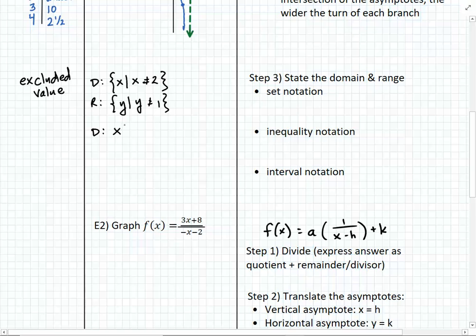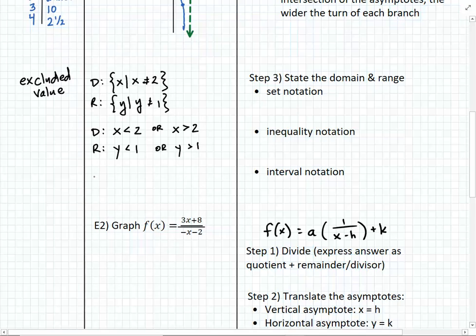We don't write x is not equal to 2, even though that would be a non-equality. Instead, we write x is to the left of 2, or, and be sure to put an or and not an and, because this is doing the splits, or to the right of 2, and y is less than 1 or greater than 1, just not equal to 1.